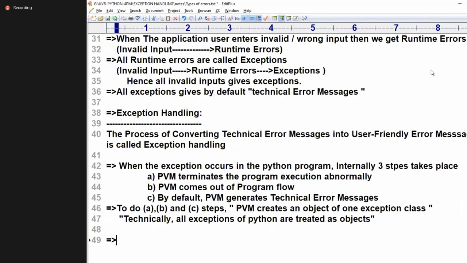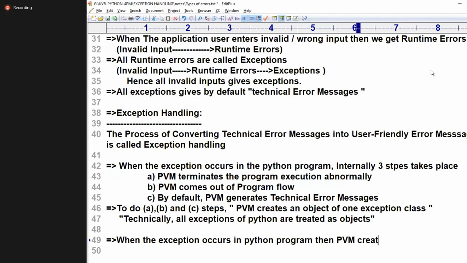PVM creates an object of the appropriate exception class. PVM creates an object of the appropriate exception class.